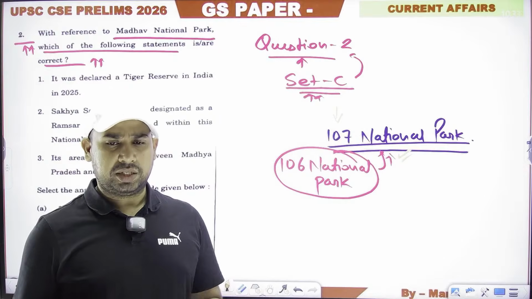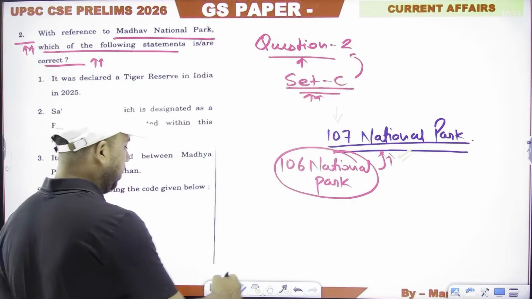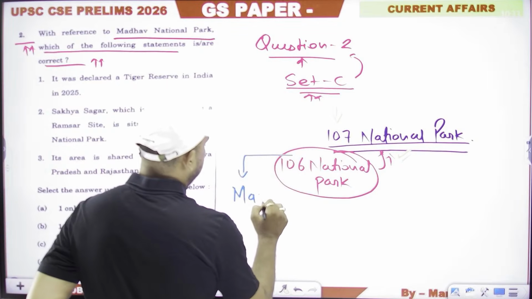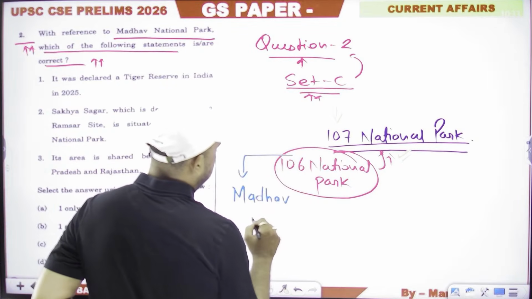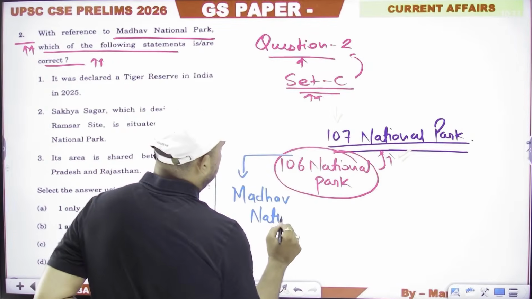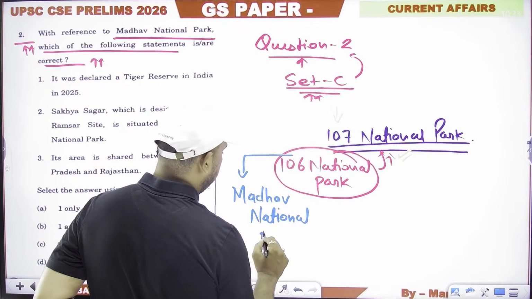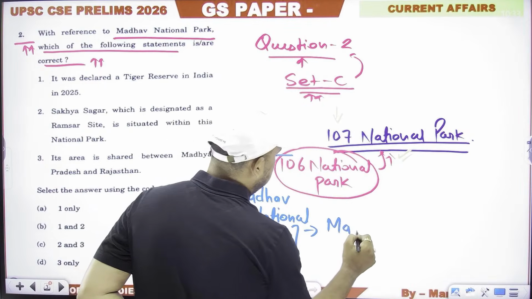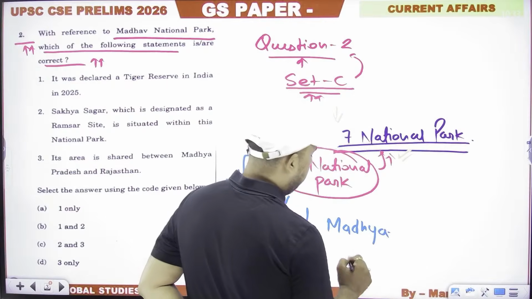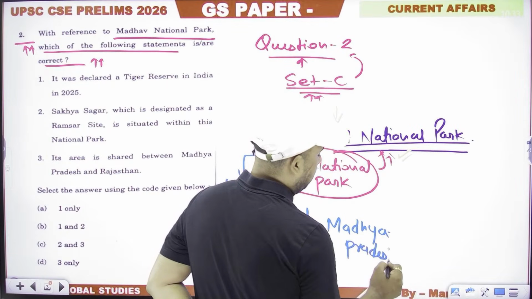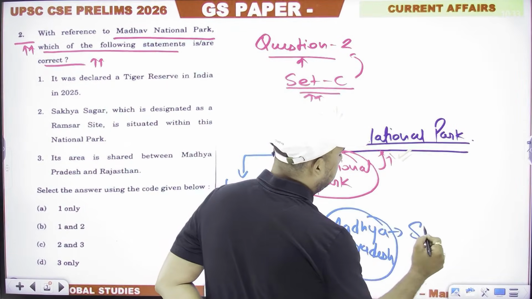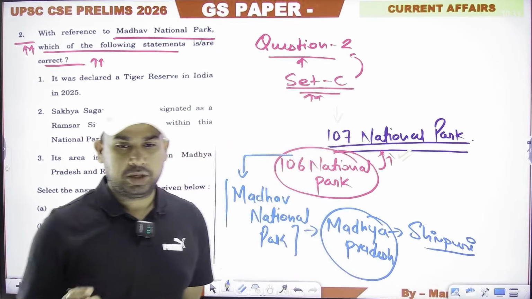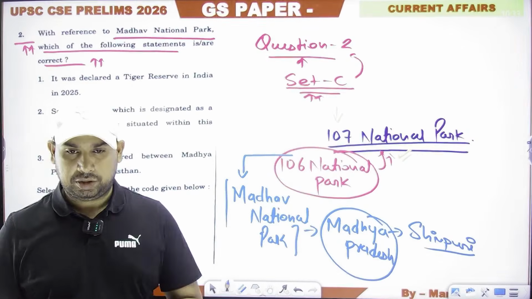Out of these, Madhav National Park is present in Madhya Pradesh, in the Shivpuri district.